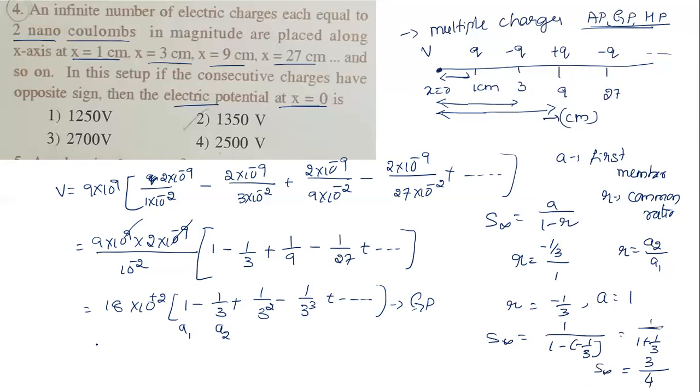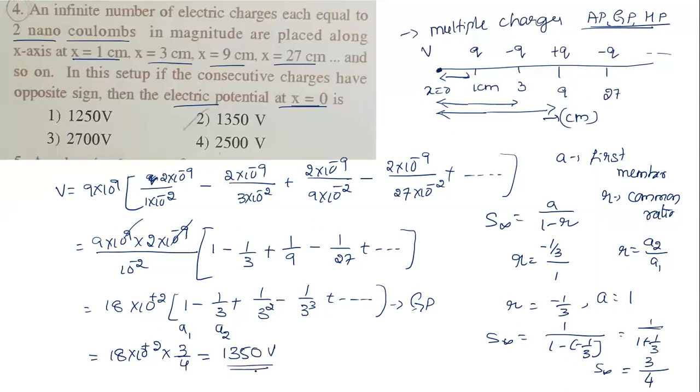Okay, so we put that value here. It is 18 into 10 power plus 2 multiplied by 3 by 4. Simplify this. So what answer do you get? By simplifying this, you get 1350, including 10 power 2, volt.